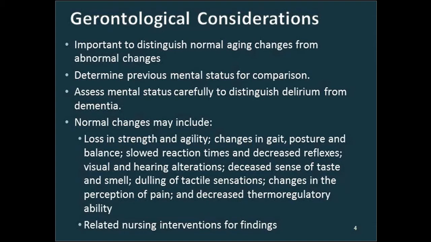And of course you need to do it at a slow pace. You can't do quick teaching because they just can't process it as quickly. So you've really got to adapt your nursing interventions to fit whatever their age-related changes might be.